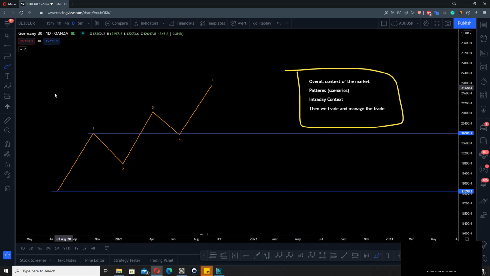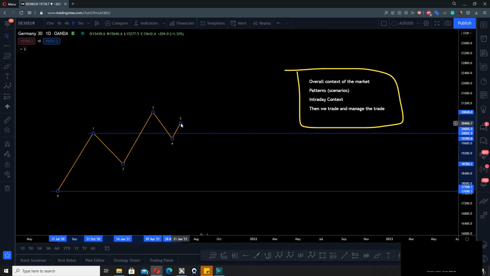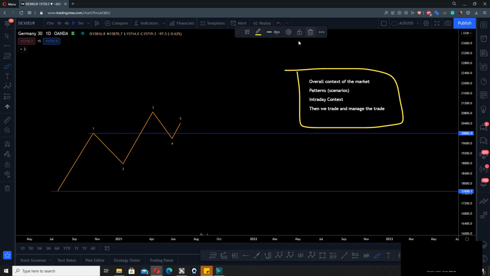So it all starts with knowing the overall context of the market. Let's take a look at this here. Let's do something like this. This is fine. And remember, again, just forget about these numbers.